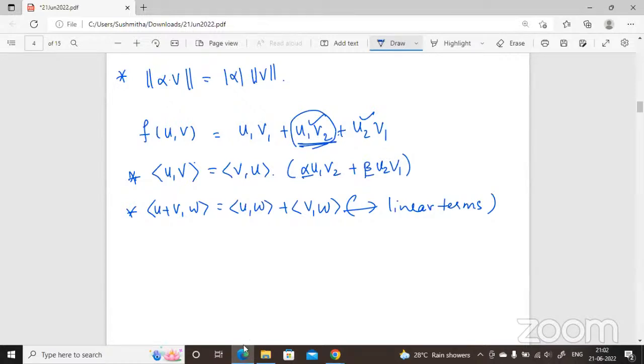See, you just write it down. You write down what happens to the symmetry condition when you have a 2 here and when you have a 1. You just write it down, you will know what is happening. So it's like the cross terms where the subscripts are different, you should have the same coefficient.